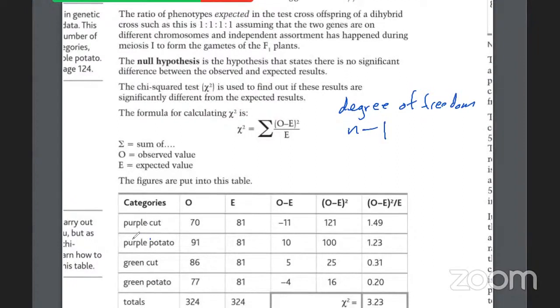If you get a dihybrid cross, the number of categories is going to be 4, because you will have 4 sets of phenotypes. 4 minus 1 will be equal to 3. So this is how you get your degree of freedom. Is that clear?